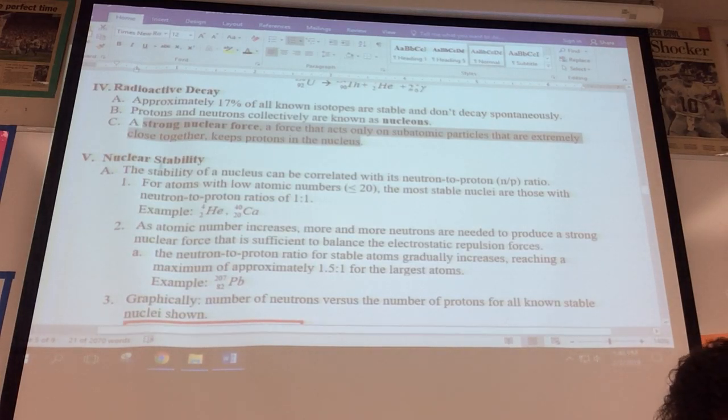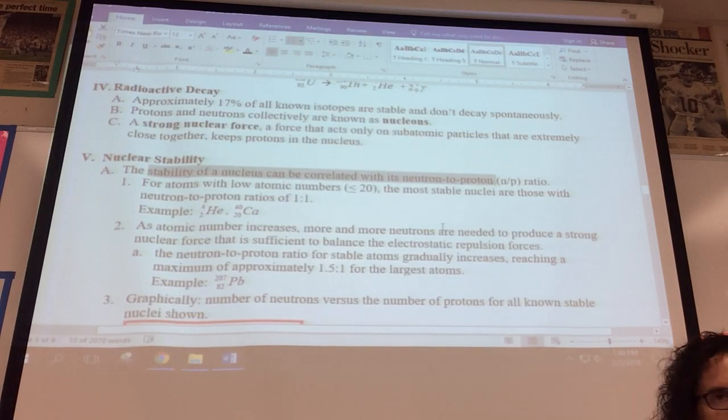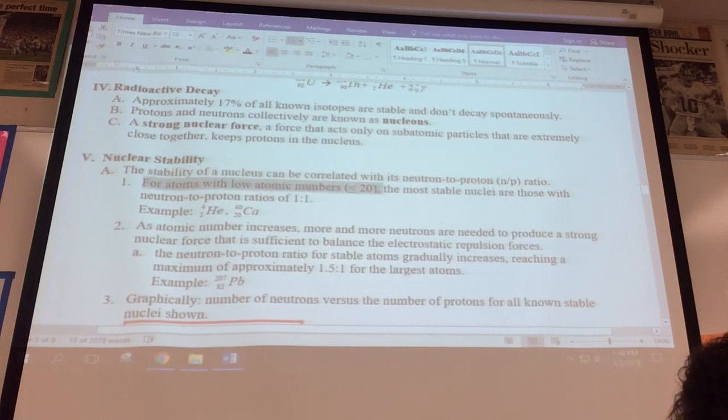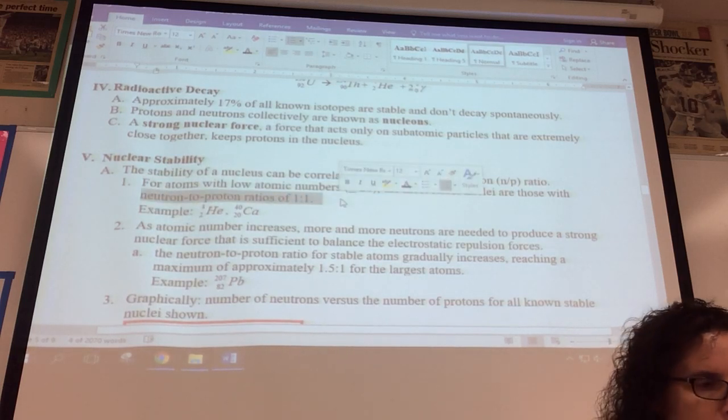You can correlate the stability of the nucleus with its neutron to proton ratio. This is very, very simple math. We find that atoms that have low atomic numbers, that is less than or equal to 20, are going to have very stable nuclei, and that's because their neutron to proton ratio is 1 to 1.